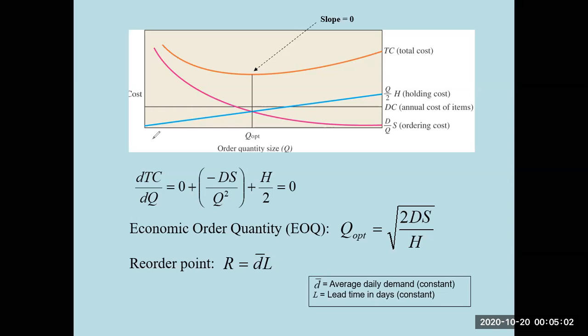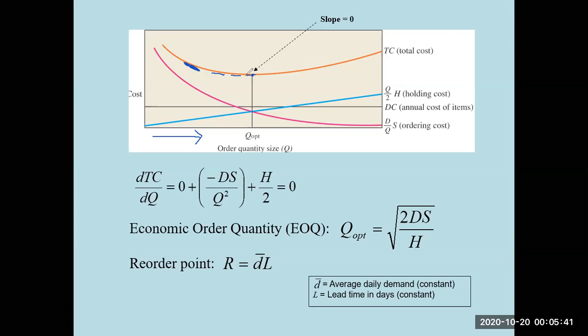If we increase order size, then total cost decreases, hits a certain point, and then increases again. So if the order quantity is here, the total cost slope is negative, negative, negative.